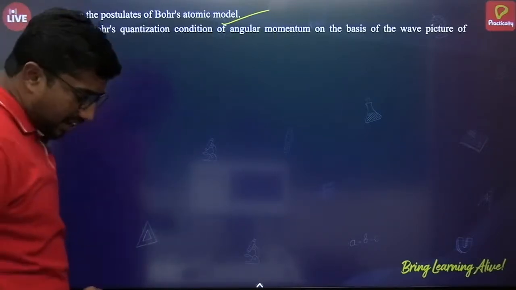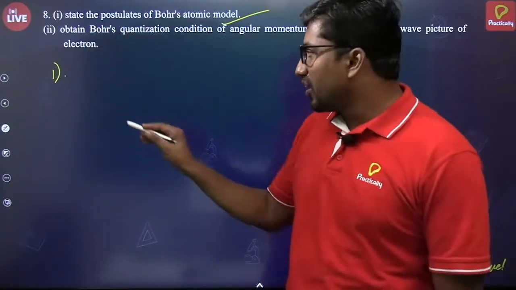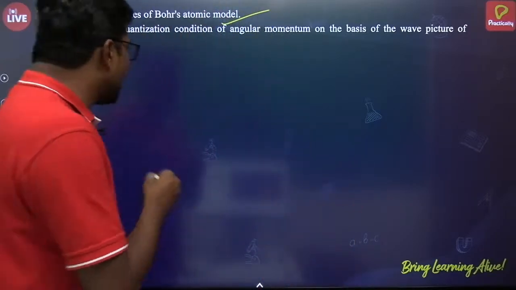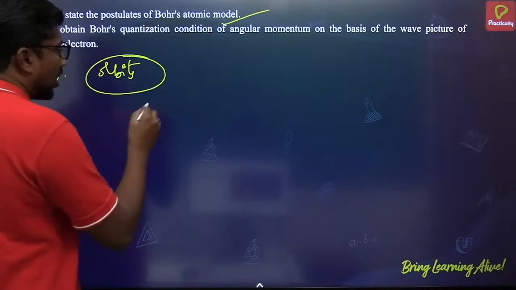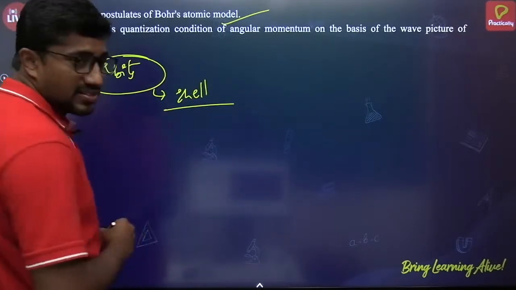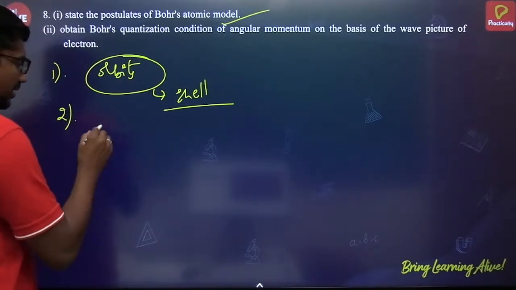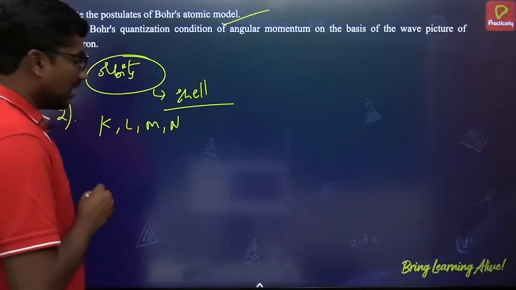Each and every electron will revolve around the core part, what we are calling the nucleus, in a specific path, what we are calling orbits. These stationary orbits we can also call shells, energy shells. These energy shells are arranged in an order, named the K, L, M, N shells.